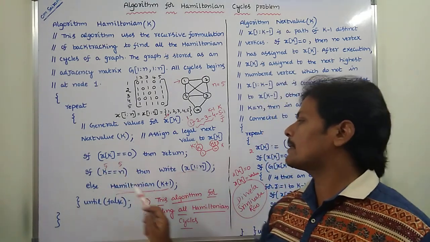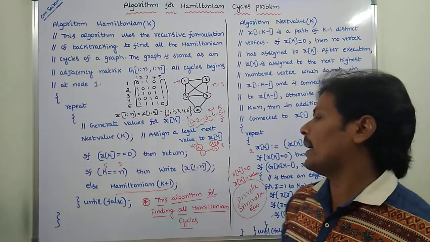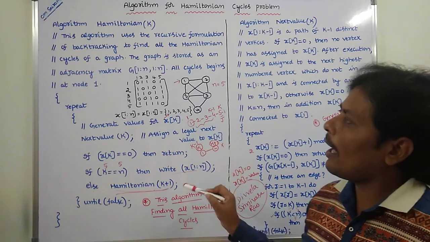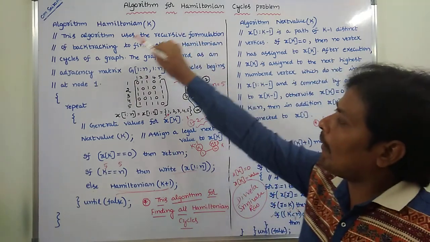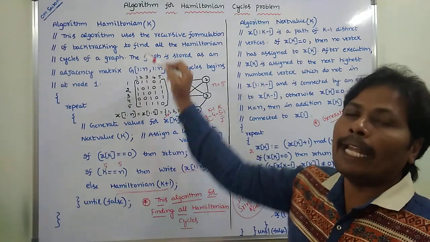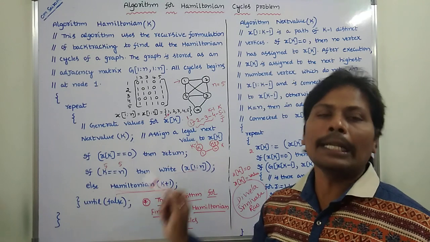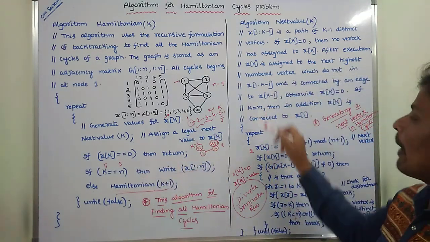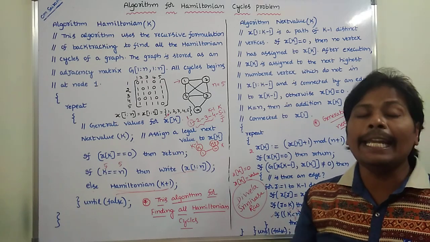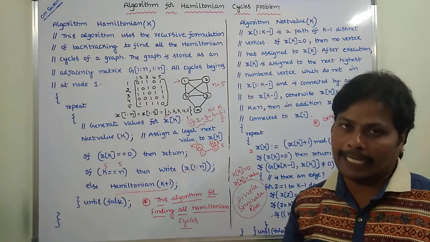If the condition is false, the same function is called again. So now this is the algorithm for Hamiltonian cycle. This algorithm is used for finding all Hamiltonian cycles for a given graph in a recursive manner. This algorithm is used for finding the next vertex in the Hamiltonian cycle.